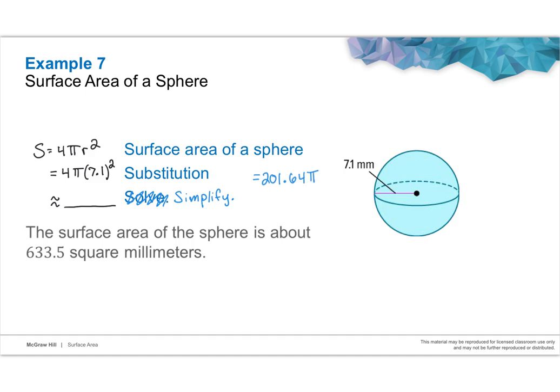And then when I use my pi key on my calculator, I get 633.5. And then that, of course, is millimeters squared again for the surface area measurement of our sphere.